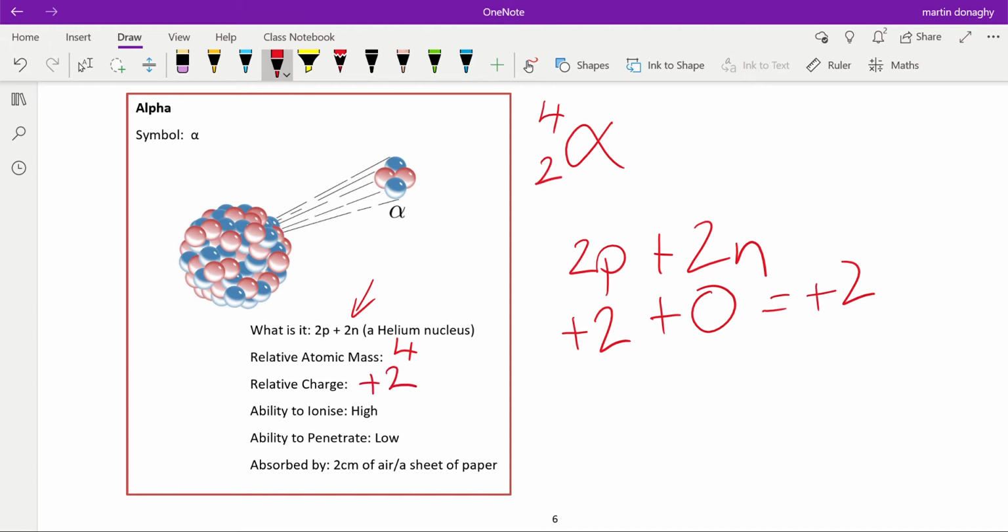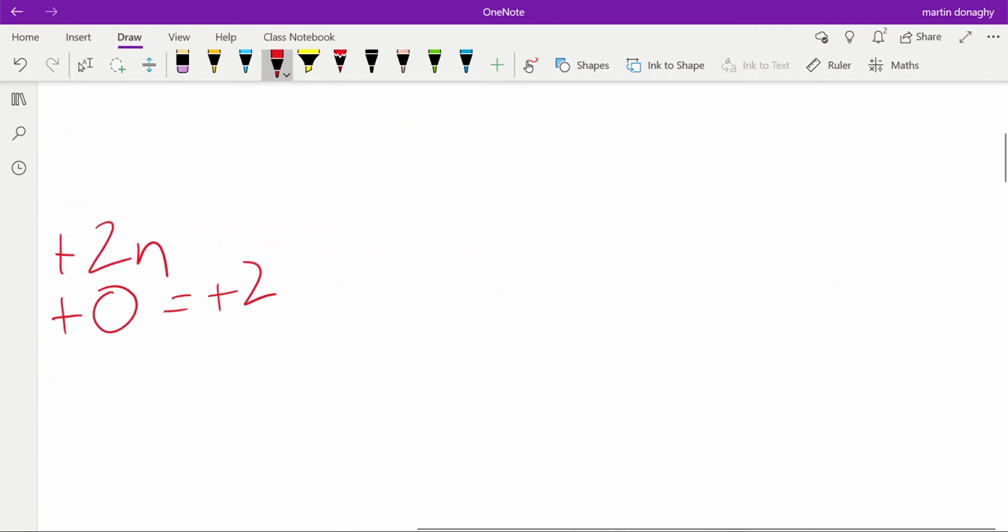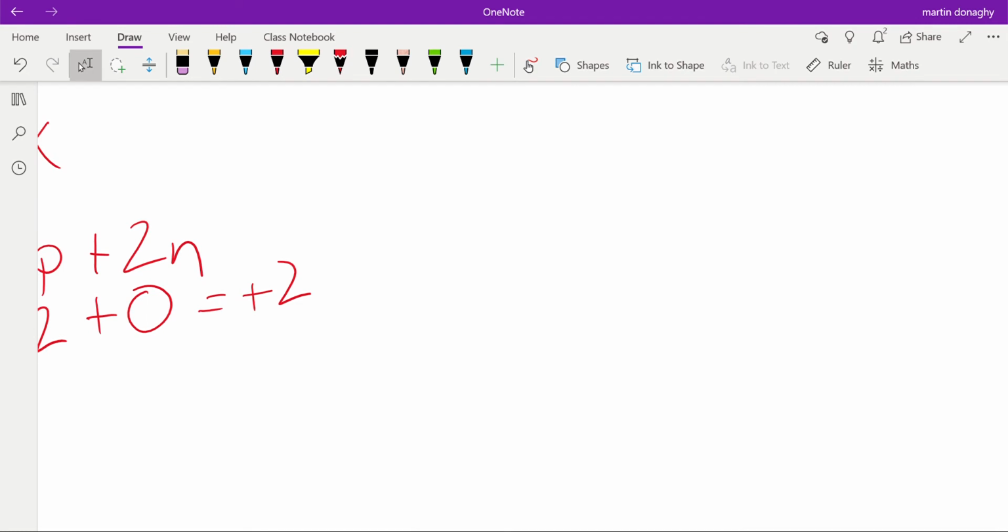Now, we have some other key properties that we look at for each of these. One of those is the ability of that radiation to ionize. Now, by that we mean, let's say we have a carbon atom.